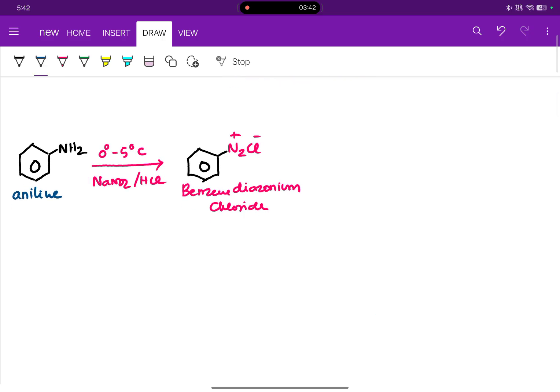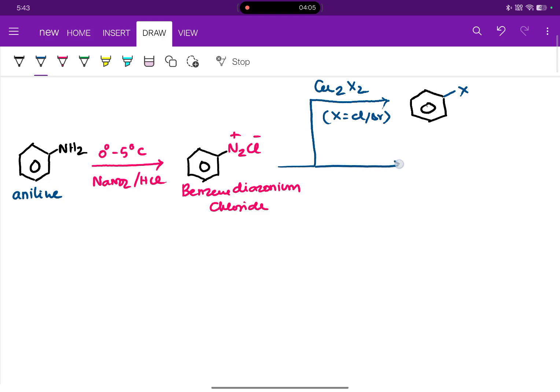For example, if you treat benzene diazonium chloride in the presence of Cu2X2, where X can be Cl or Br, you can get the corresponding chlorobenzene or bromobenzene, whichever you are using. Similarly, you can also treat this with copper in the presence of HX, where X is Cl or Br.